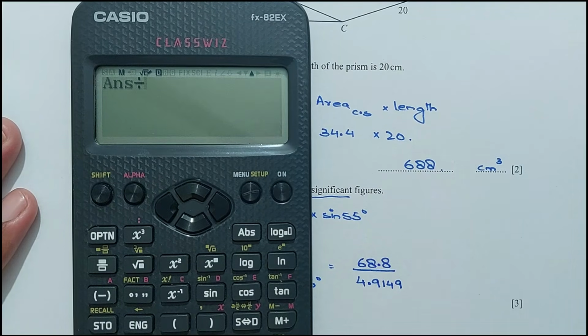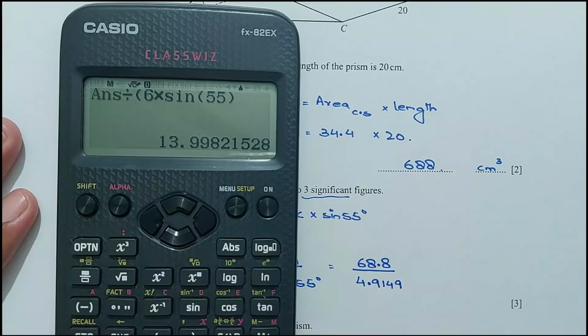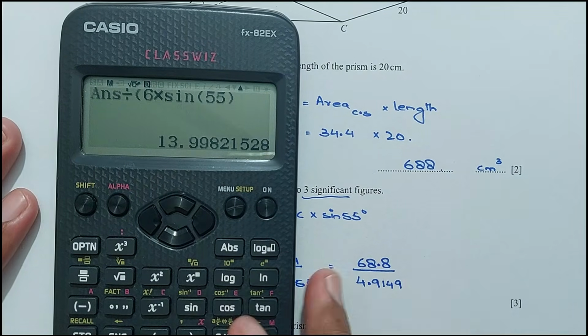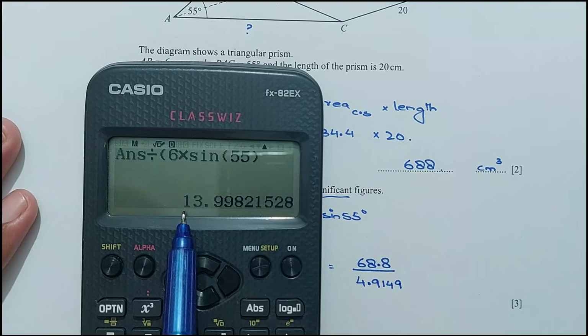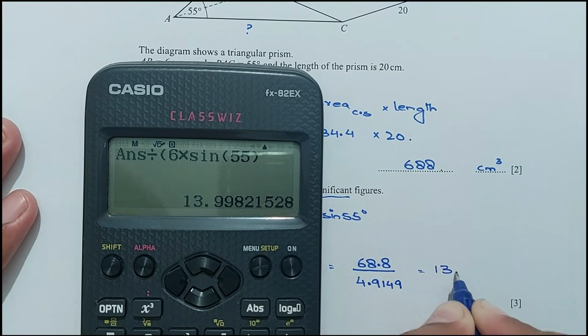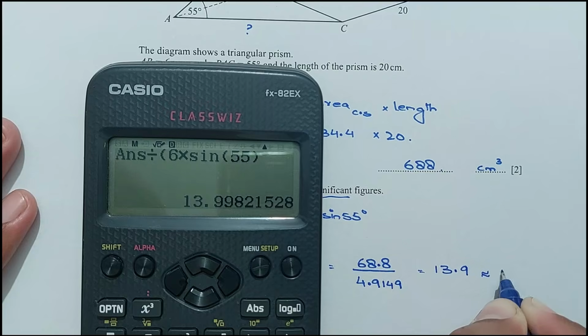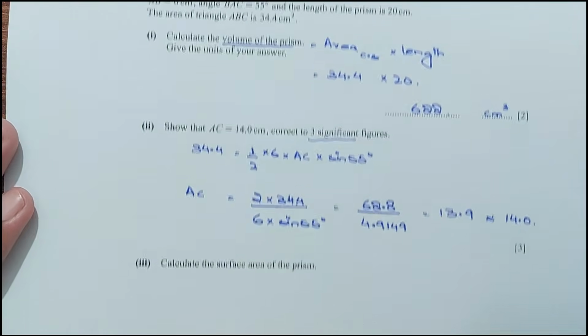This divided by 6 times sine 55 is 13.998, right? Up to 3 significant figures, 1, 2 and 3, so it is rounded to 14.0. So AC is 14.0.